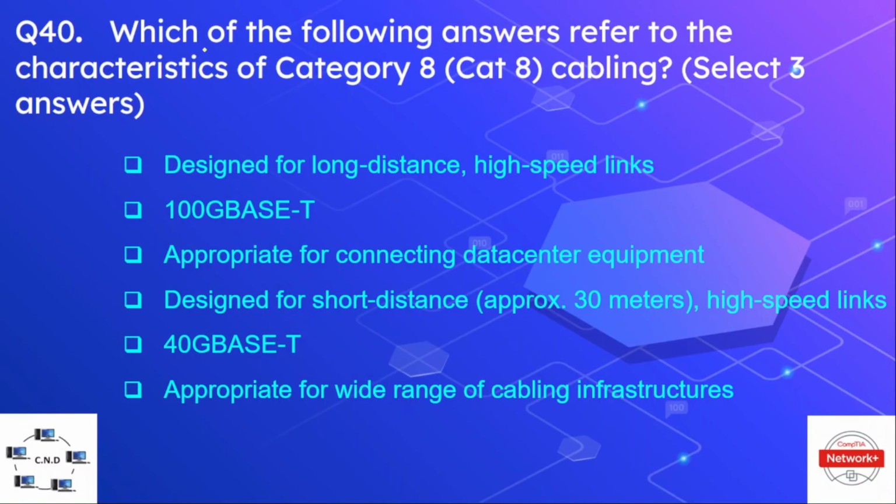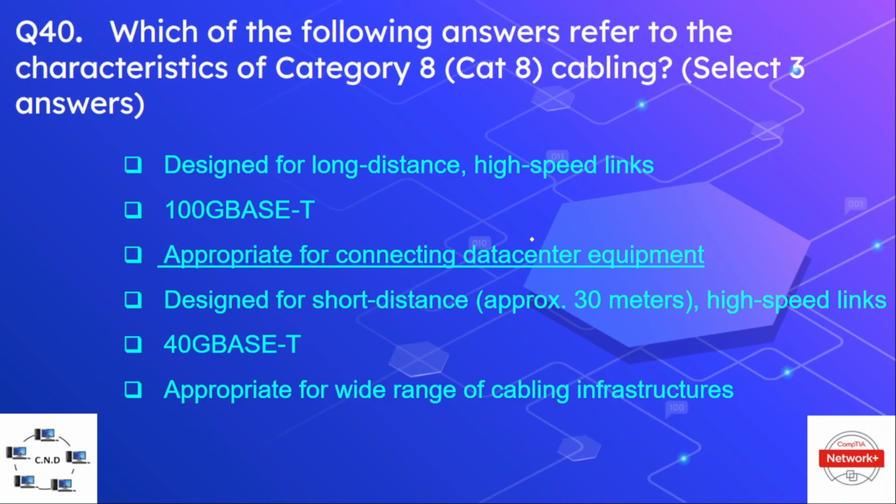So question number 40 is that which of the following answers refer to the characteristics of Cat 8 cabling? We have to select three answers, and the correct answers are that it is appropriate for connecting data center equipment. This means that it is used inside the data center server room.